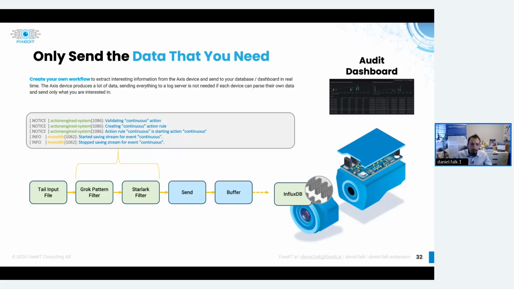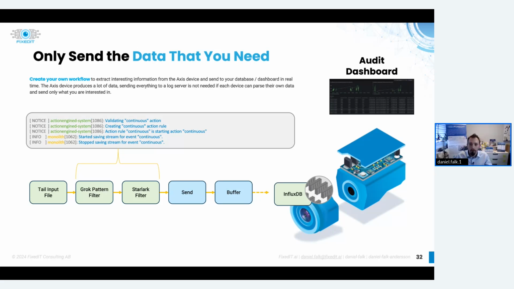And as I said, you can filter data directly on the device to only send the data that you need. So the way this works is, for example, if we consider an audit dashboard, let's say that we want to visualize everything that is relating to image and video. So we want to log whenever we are starting a new recording or when our recording is stopped.